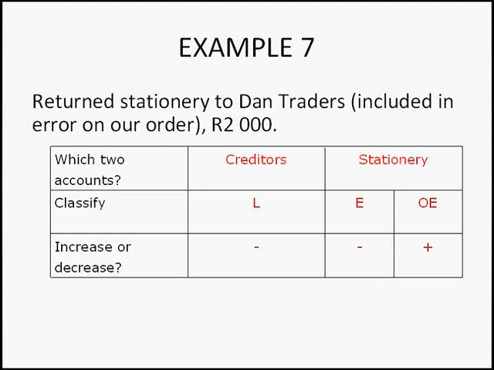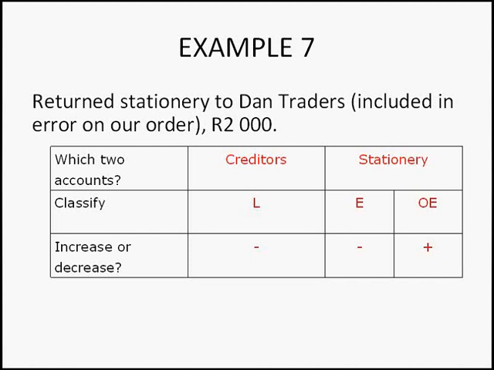Now we just need to look at whether it increases or decreases. So when I return stationery, I give it back to Dan Traders, which means that the expense decreases. I don't have that expense anymore because I've given the stock back to them. And my creditors also decrease because I now don't owe Dan Traders the money for that stationery anymore because I've actually given them the stationery back.